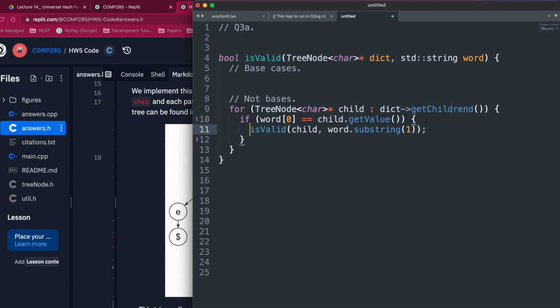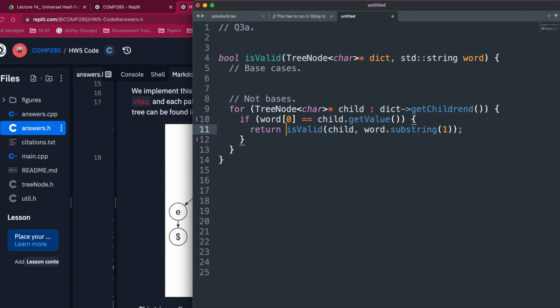And then basically, we're trying to check if it is valid at the remaining of the word. If it is not valid, then this word does not exist in the dictionary, so we can simply return whether it is valid or not. And this is not our base case.